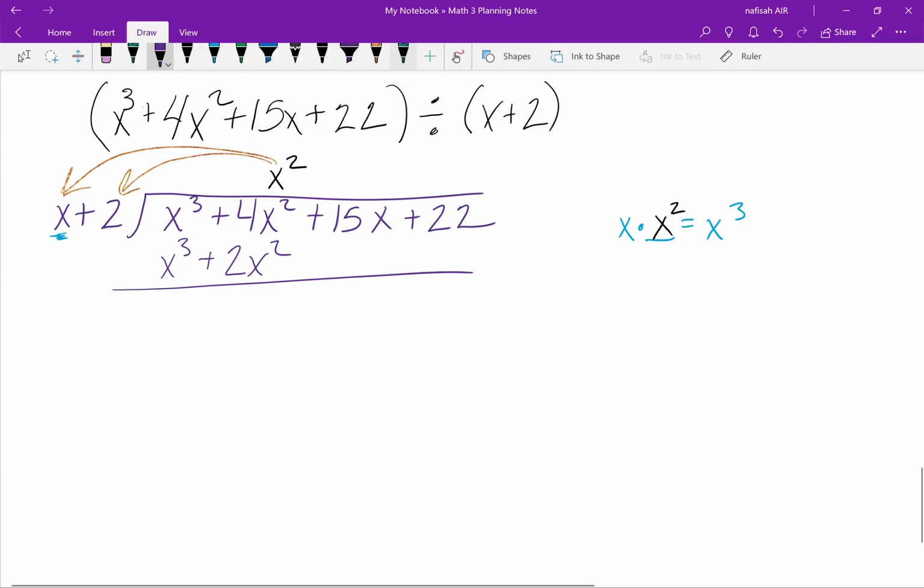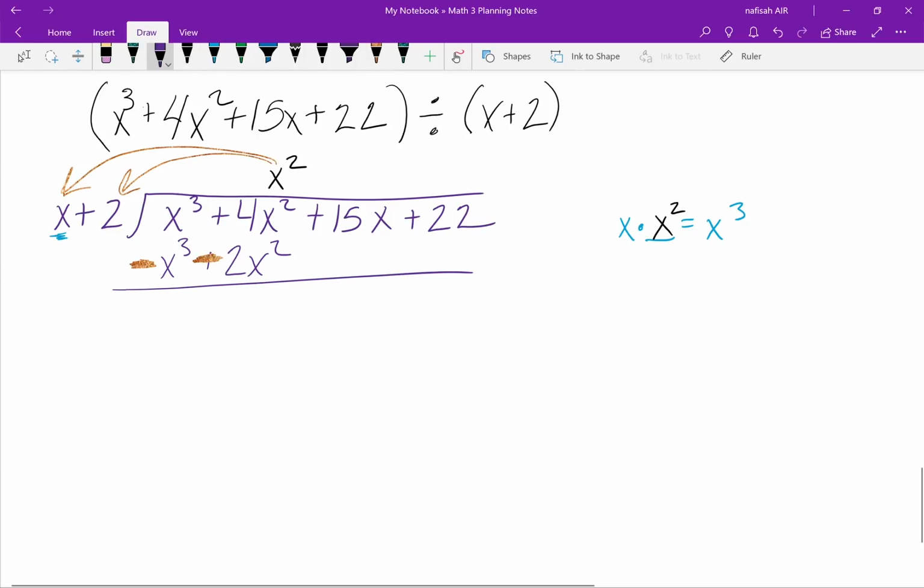From there, I will have to remember that I am subtracting x cubed plus 2x squared from x cubed plus 4x squared. So when you're subtracting polynomials, you change the sign. If that's a positive x cubed, it's going to change to a negative. That was a positive 2x squared, so that's going to get changed to a negative 2x squared.